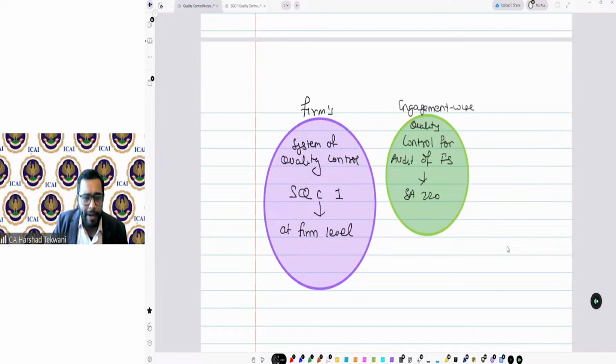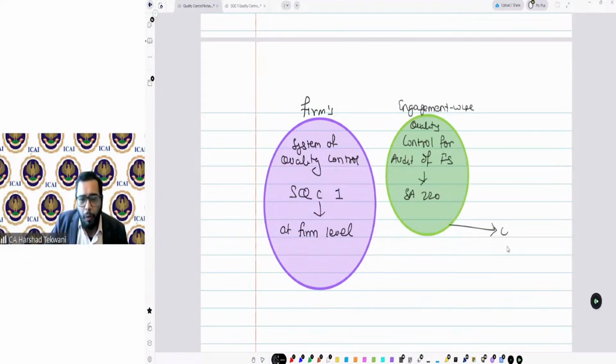SA 220 is applicable to each and every engagement. SQC 1 is bigger because it is applicable at the firm's level, talking about the firm's quality control. But SA 220 talks about what quality control procedures you should have when you are performing an audit.